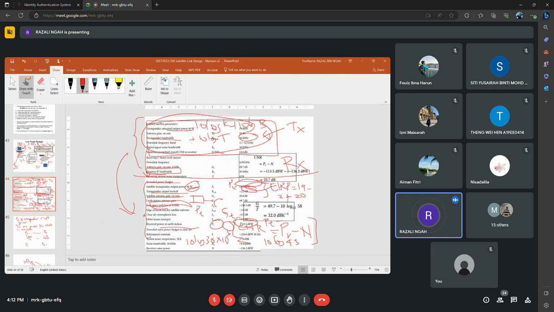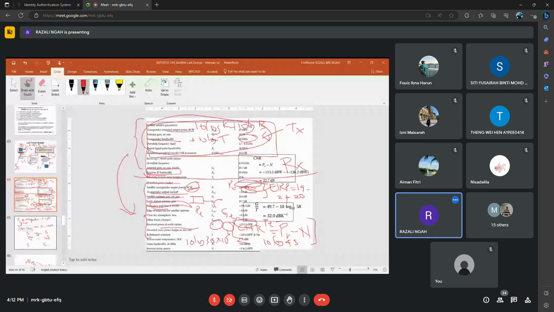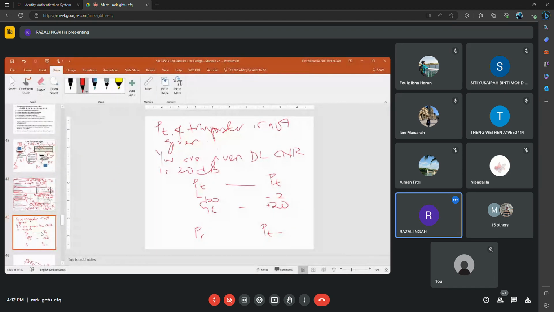Or this one, you have to minus 113.5 plus 19. Well, what is the value? 113.5 plus 19.